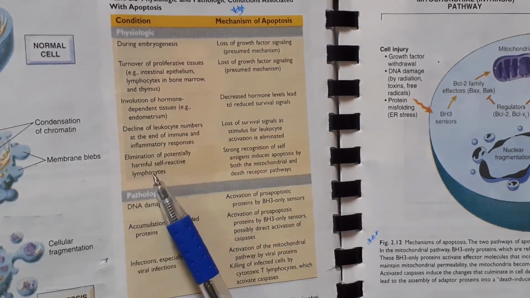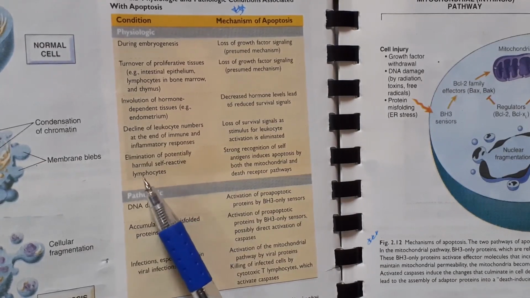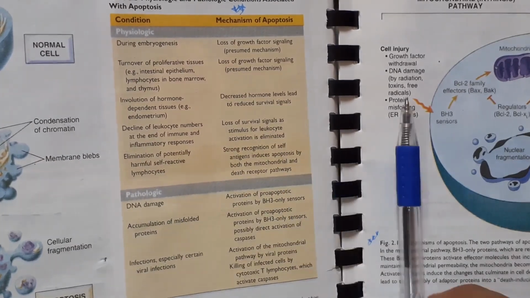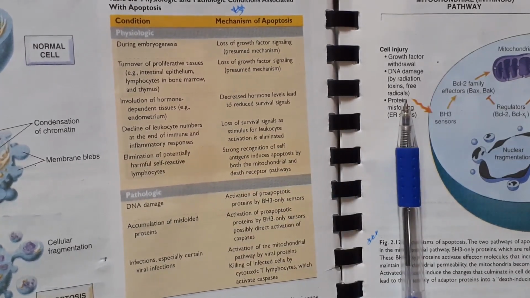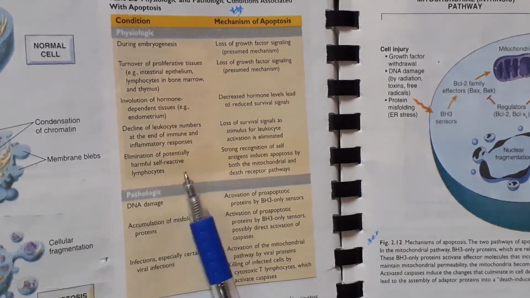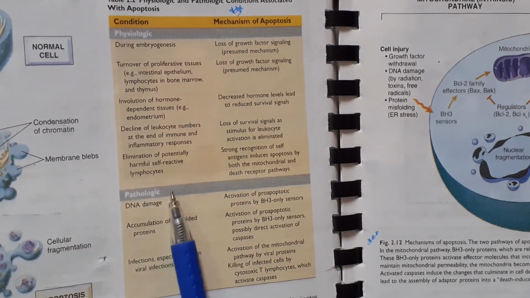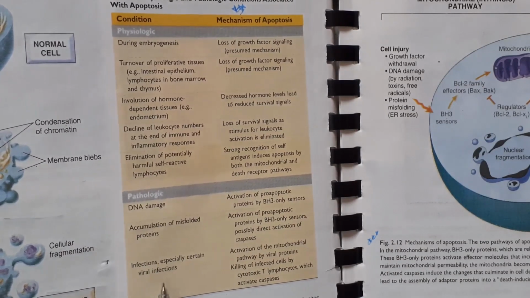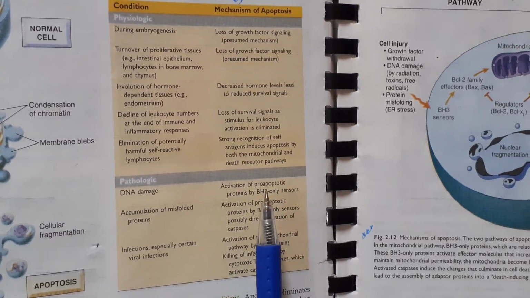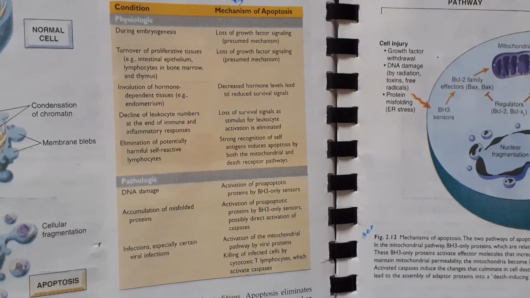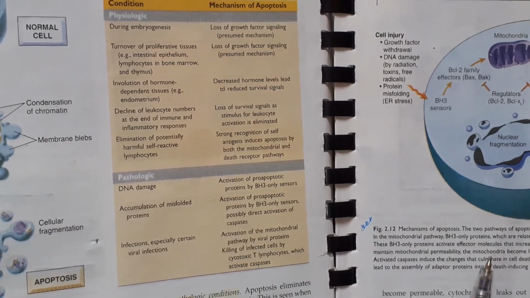Elimination of potentially harmful self-reactive lymphocytes: we will see in lymphocyte development how tolerance develops, and this tolerance is also basically a mechanism of apoptosis. In pathological conditions, apoptosis is due to DNA damage, accumulation of misfolded proteins, and certain viral infections. DNA damage is basically activation of certain receptors, the BH3 pathway, which we study later in the mechanism of apoptosis.